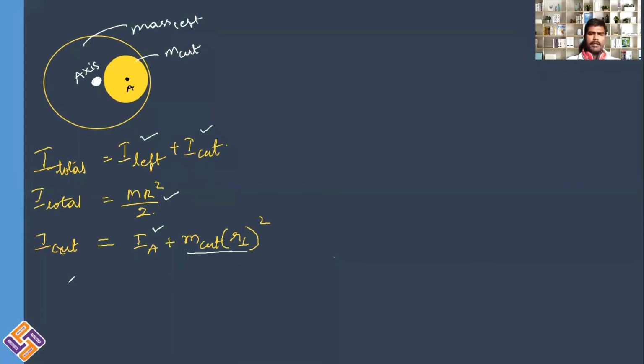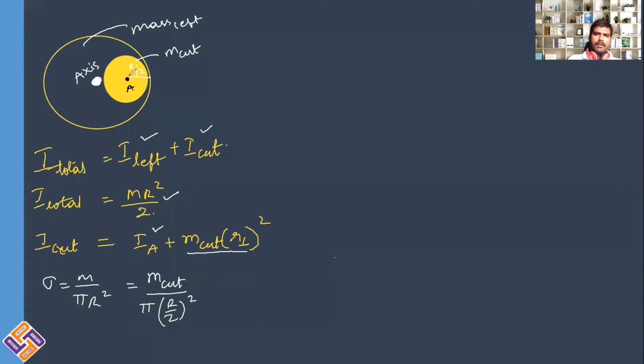In order to calculate the mass of the cut portion, I'll use sigma is equal to capital M divided by pi r square, which is equal to mass of cut portion divided by its area. Area is pi times radius r by 2 whole square, because this length is r by 2. Radius of that cut portion disk is r by 2.